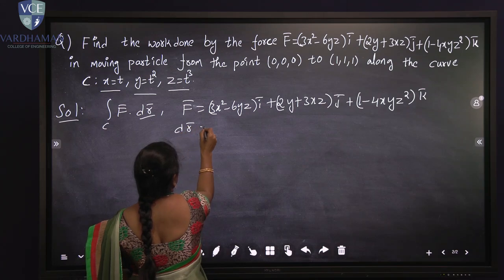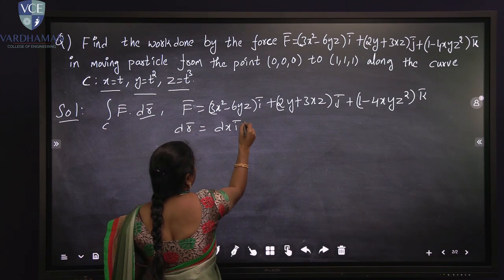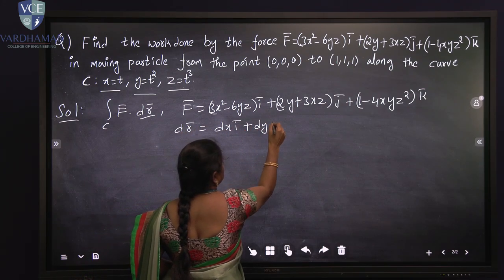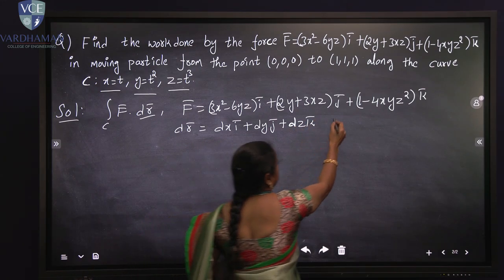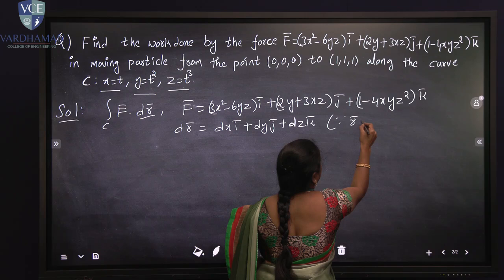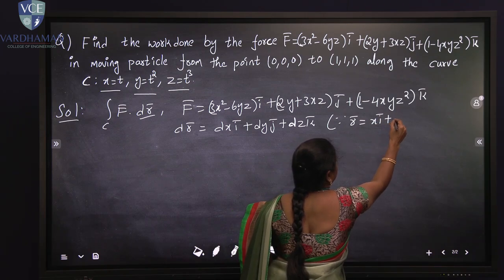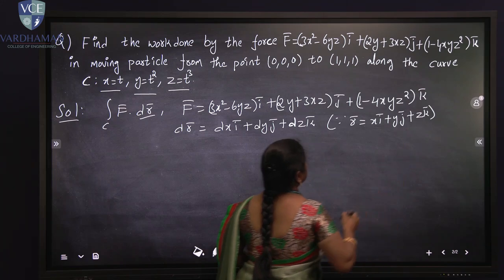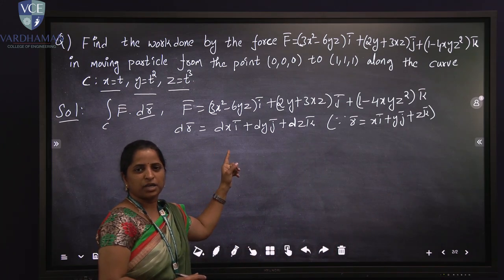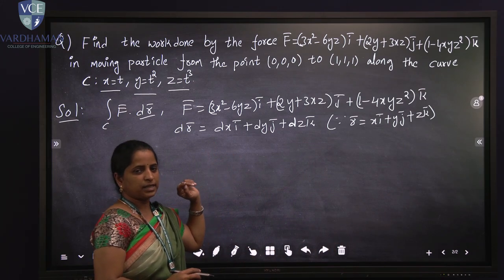So dr bar is dx i bar plus dy j bar plus dz k bar, since we know that r bar equal to x i bar plus y j bar plus z k bar.